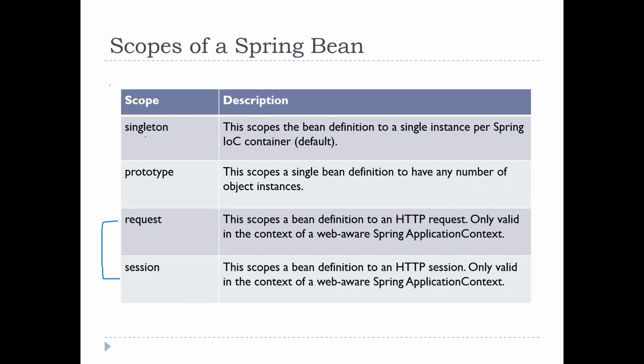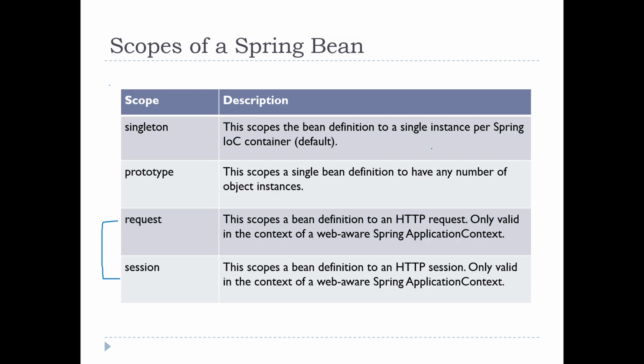We will be seeing singleton and prototype beans only, since we are working with a standalone Java application and we are not working with web applications for now. So what do we mean by a singleton bean? A singleton bean means that it will allow only one instance of that bean in a single IOC container.